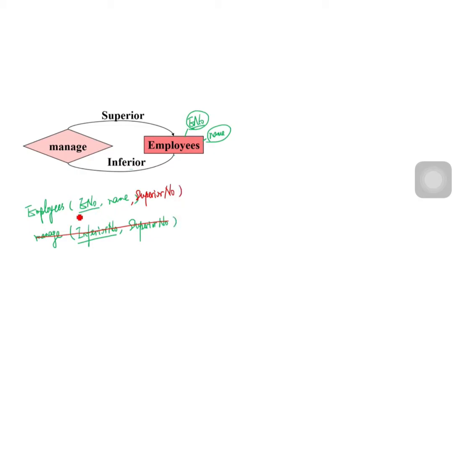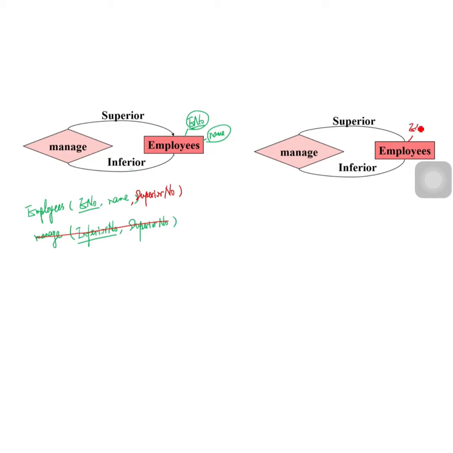We can also convert this ER diagram to one relation like this. And if the relationship is a many-many relationship, E number is also the primary key.